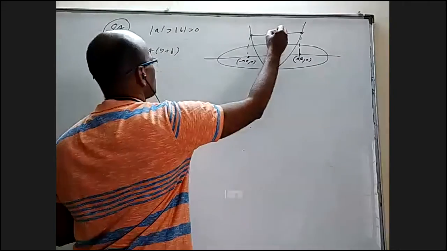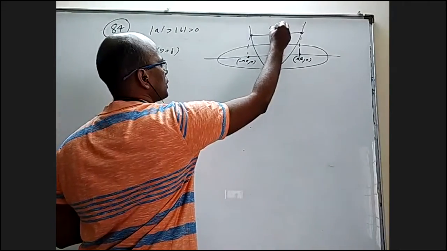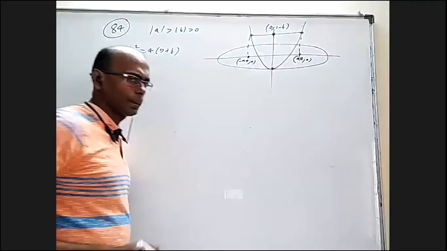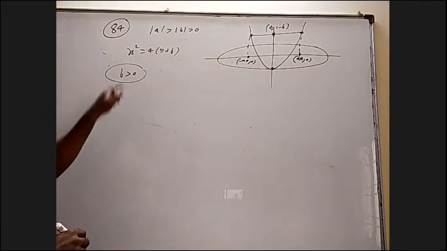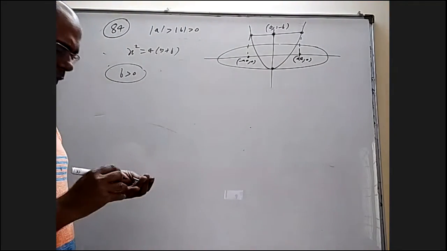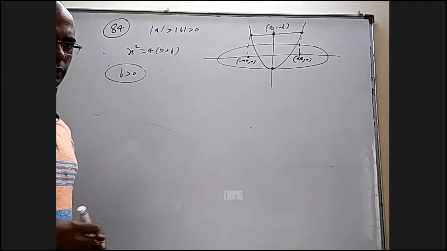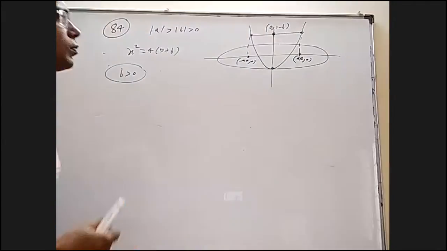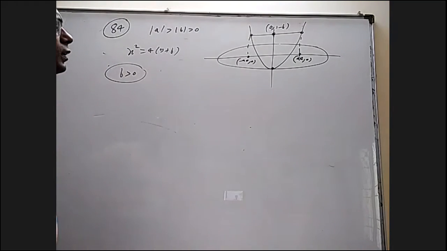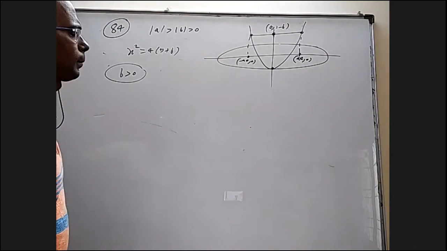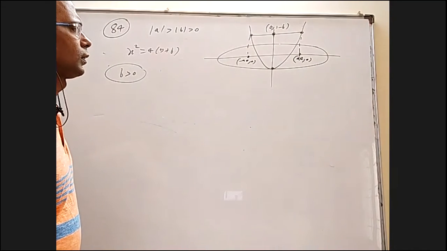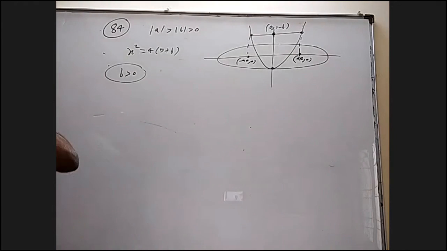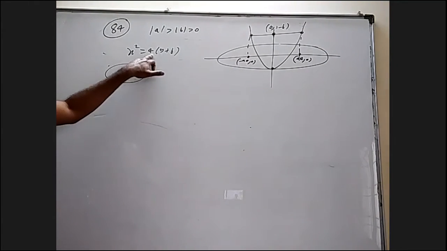For the parabola, the focus is 0 comma 1 minus b. If b is positive, that 1 minus b may be positive or may be negative. It may be a little up or it may be down. Normally, without this b, the focus is 0 comma 1.